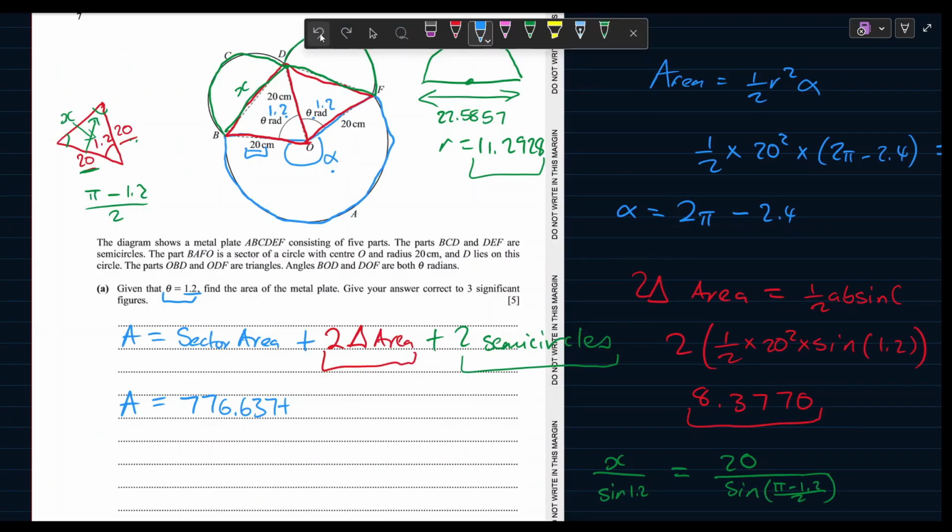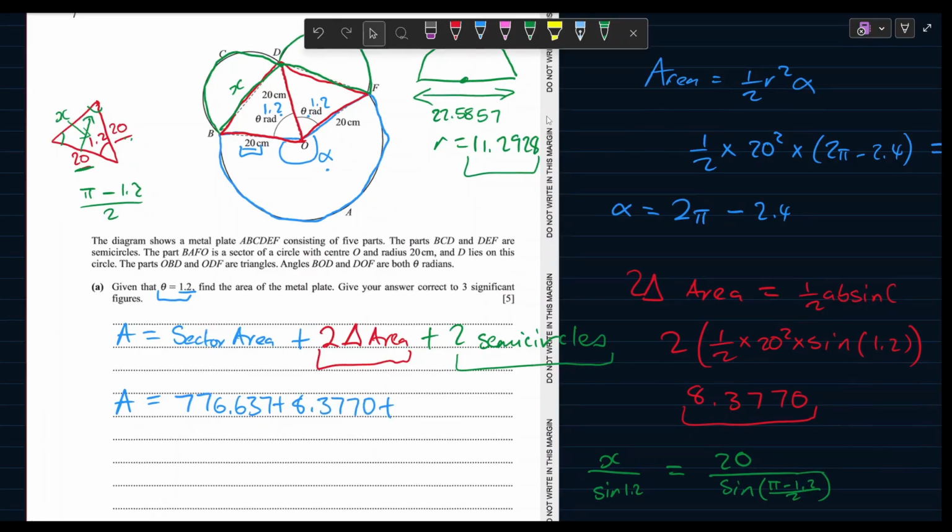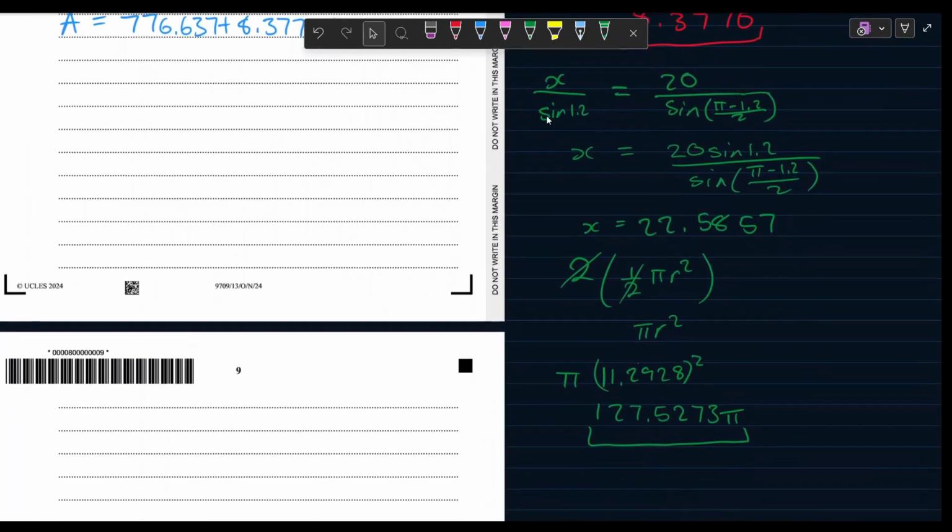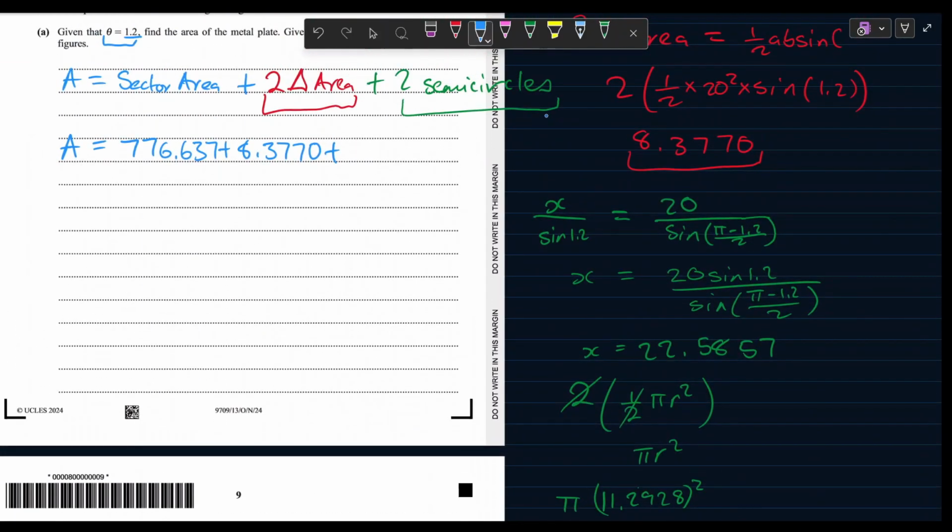Don't know why I have two plus signs. That's 8.3770 plus finally the area of our two semicircles. So that's 127.5273 pi.